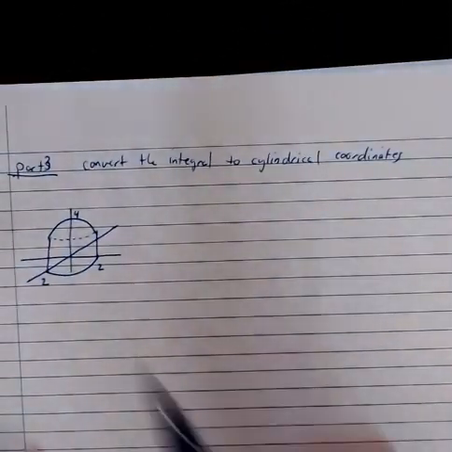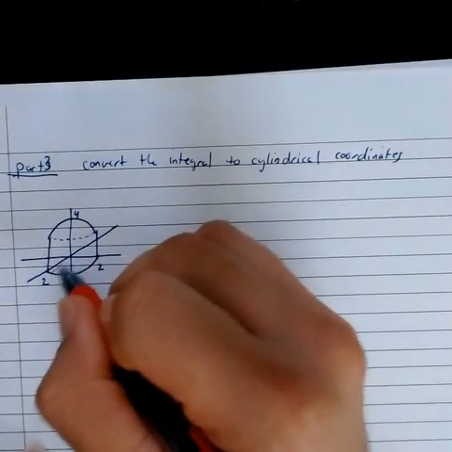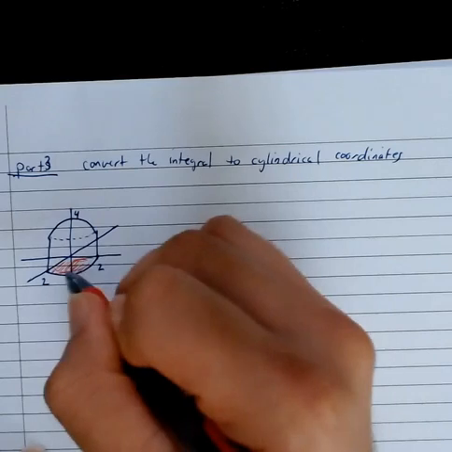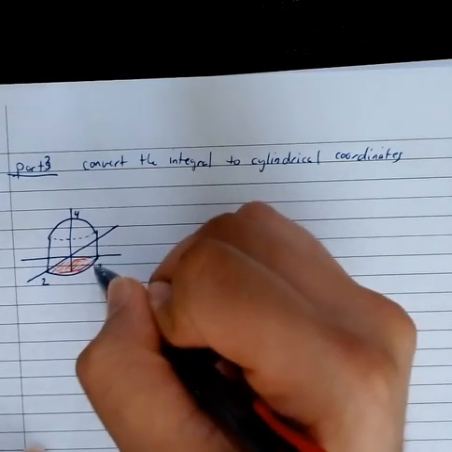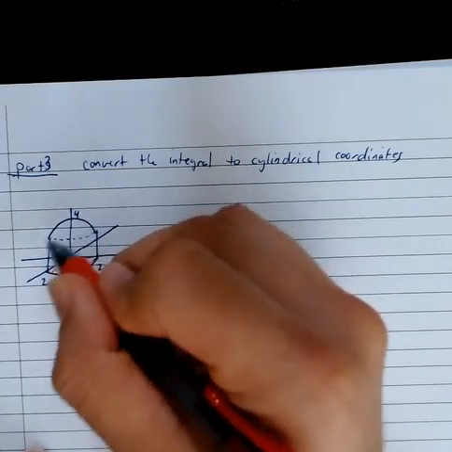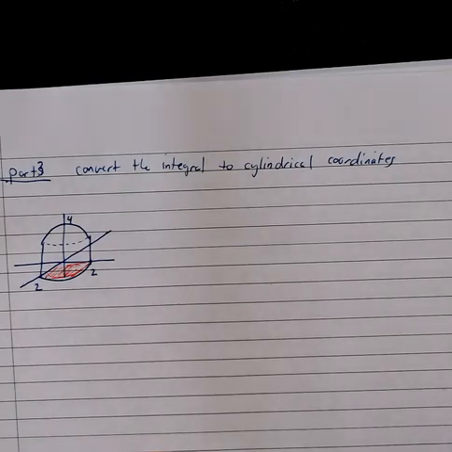Here's our object. Again, we have a cylinder down here. We only want to consider the part in this direction. We only want all positive values, and we want everything that is above this quarter disk and below this part of the sphere.